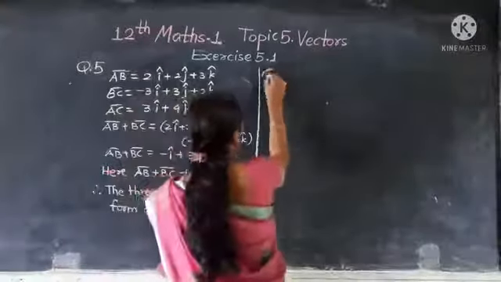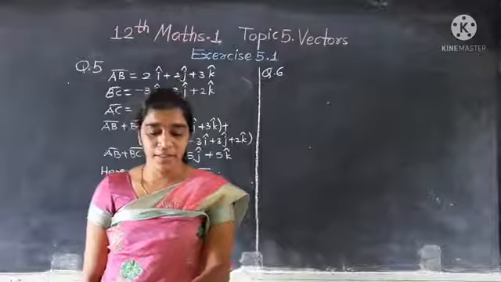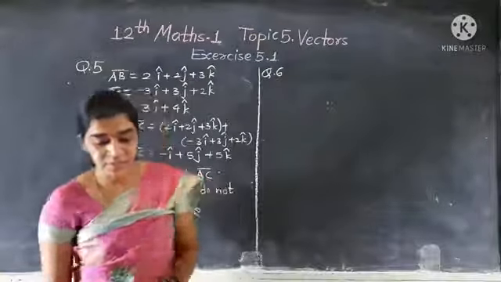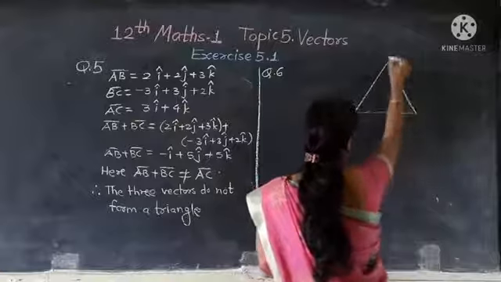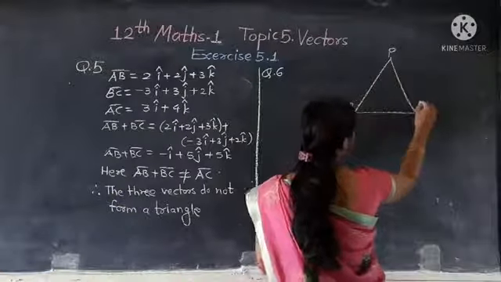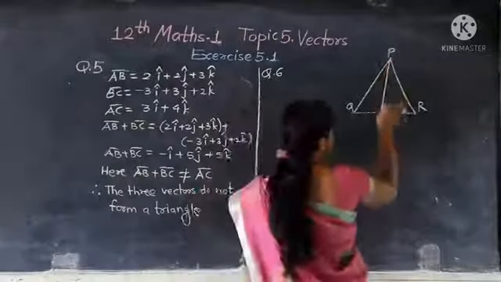Similarly, what is the sixth one? Question number 6C. What is given? In the given figure, triangle PQR is given and point S is given here.